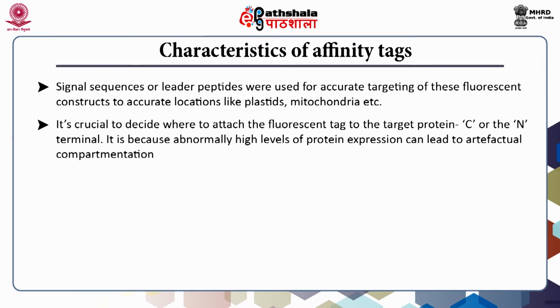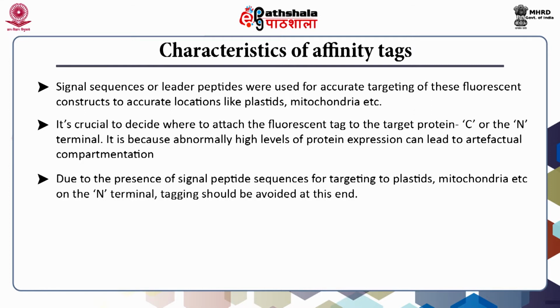It is crucial to decide where to attach the fluorescent tag to the target protein, either the C-terminal or the N-terminal, because abnormally high levels of protein expression can lead to artifactual compartmentalization. Due to the presence of signal peptide sequences for targeting plastids and mitochondria on the N-terminal, the tagging should be avoided at this end. So what about the C-terminal?